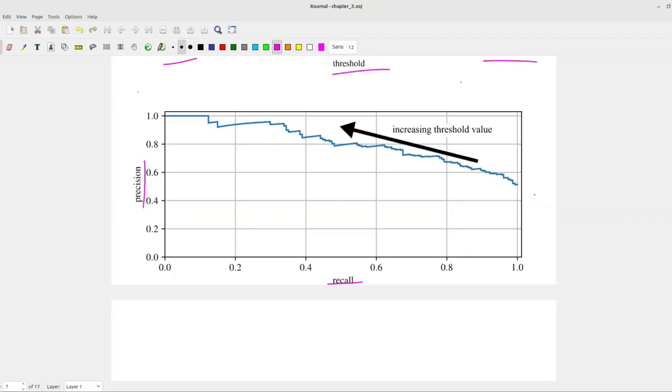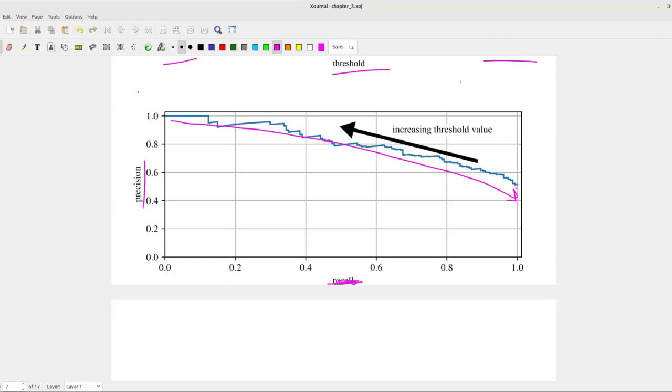But it's actually more challenging for me to have high recall, right? And you can see it swing down like this.